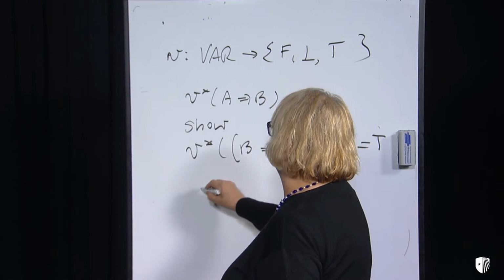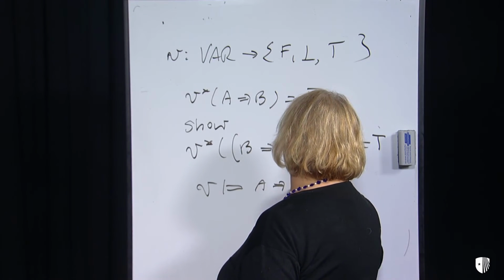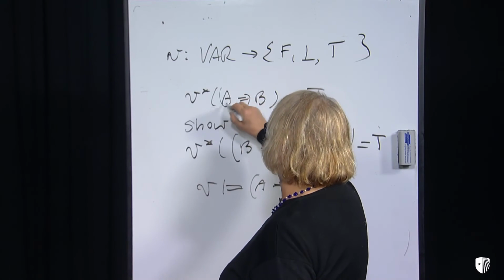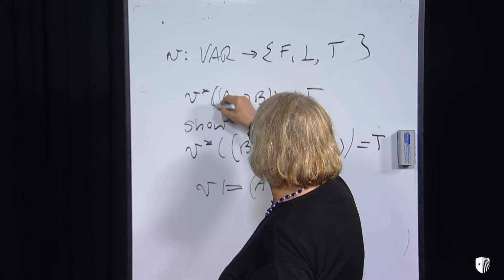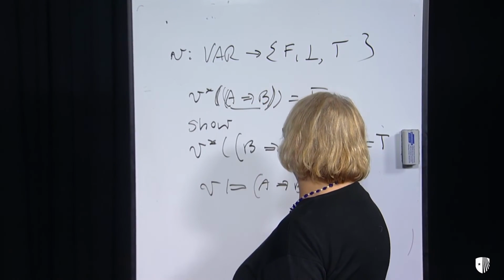So V is a model of A implies B, and that formula needs to have those brackets.